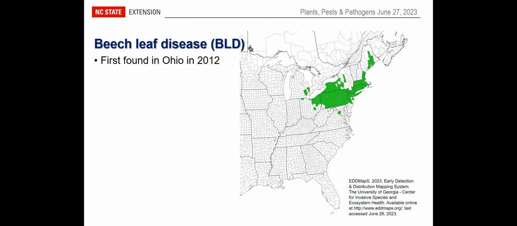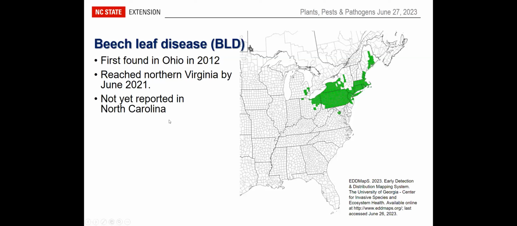We should ask the EDDMapS presenter why, or if there's a reason why, Canadian counties, I'm not sure if they call them counties, are not highlighted, because this is also in Ontario across Lake Erie from the original find. It is in Northern Virginia, where it has been since June of 2021, but not yet in North Carolina.